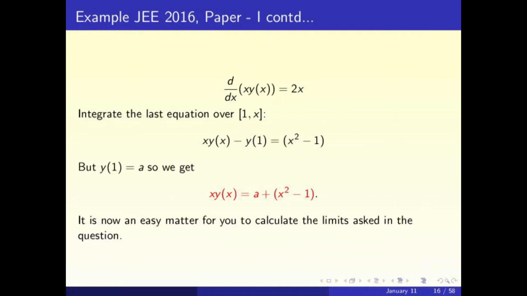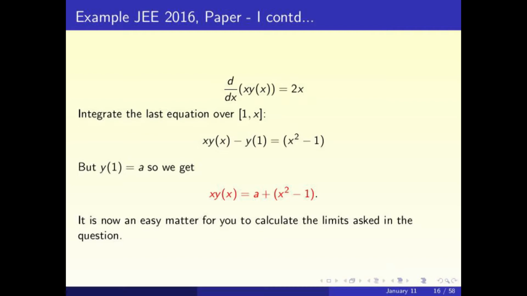So we got this equation d/dx of xy equal to 2x. Integrate it from 1 to x and use the fundamental theorem of calculus. You get x y of x minus y of 1. But y of 1 is a.